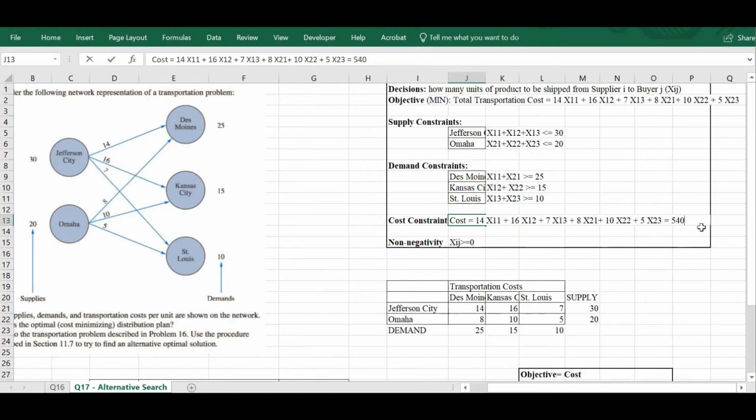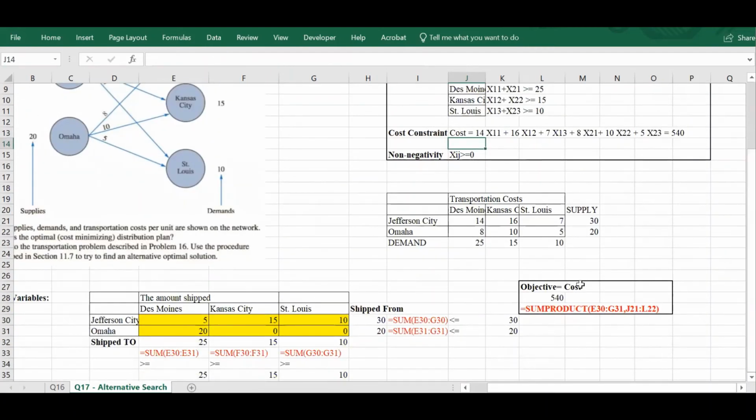How do I know 540? Because I found that the best distribution plan leads to the minimum transportation cost of 540. It's impossible to come up with a plan that leads to a smaller cost. And if you want your new solution to be as good as your first one, you want to make sure the cost stays at the same level, 540.